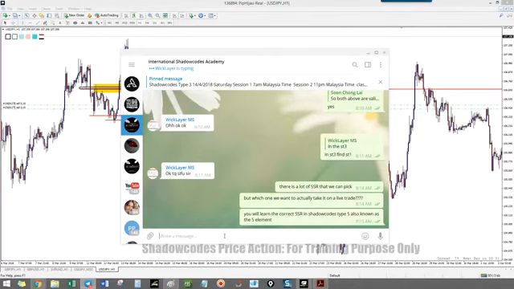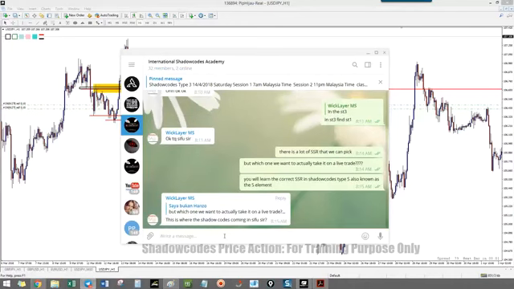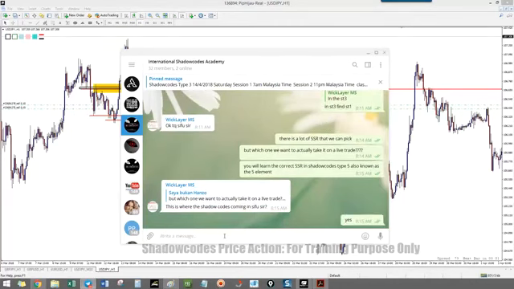Someone is typing. Yes. Because we want to pick the correct one, the best one. In a live trade situation, it is not the same as what you practice during backtest.